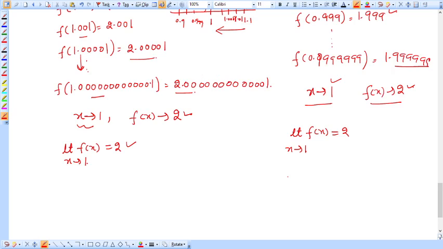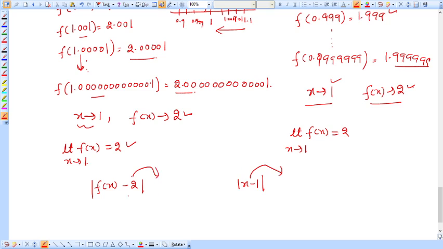So in another way we can say that if you take the difference of f of x and 2, and also take the difference of x minus 1, then as the distance of x from 1 becomes smaller, this difference also gets smaller, right?